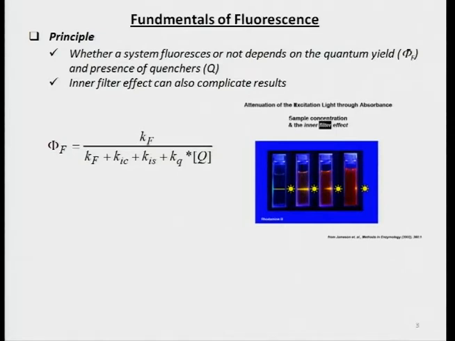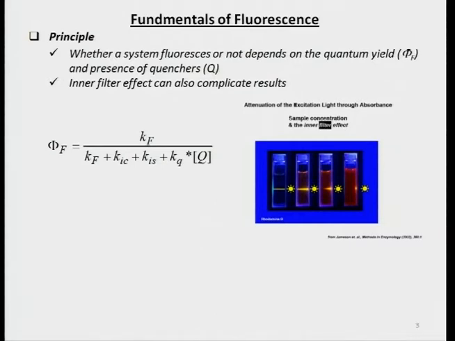The reason is that if the solution is dilute, whatever light is incident, the intensity of the light remains fairly constant across the path length. That means all the molecules present in the path length are getting exposed to essentially equal light. And that's important.